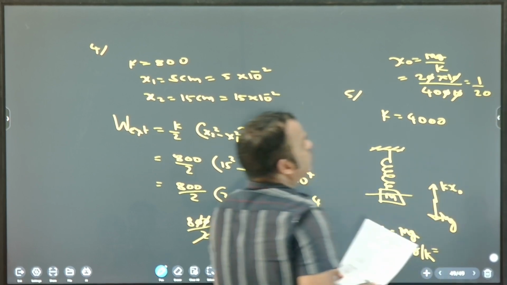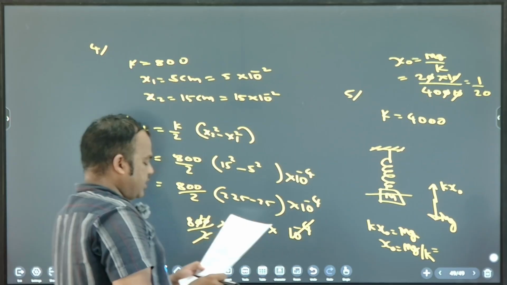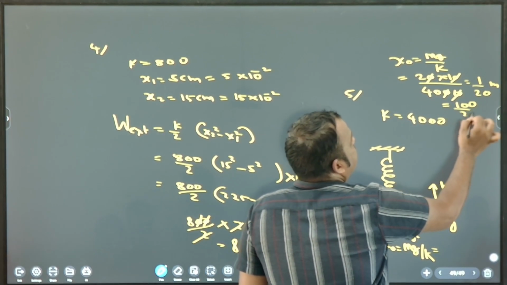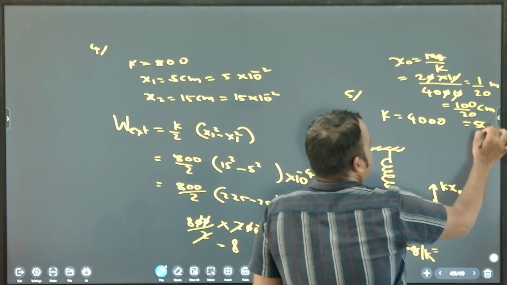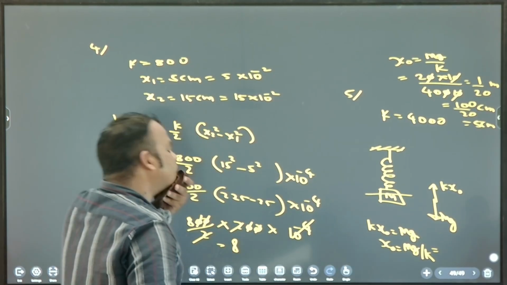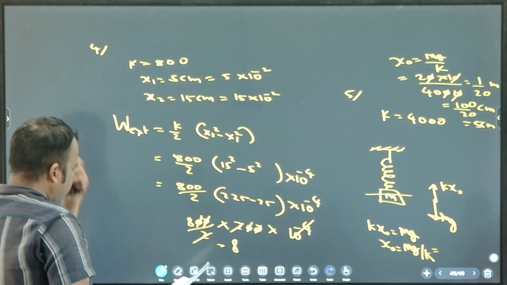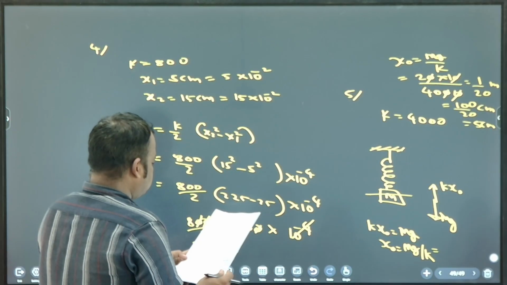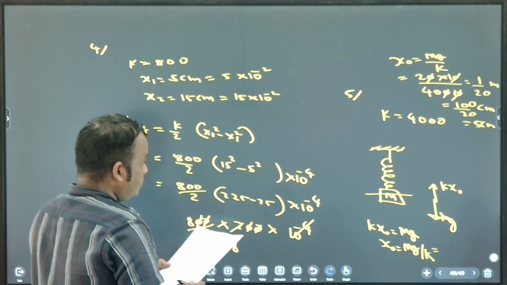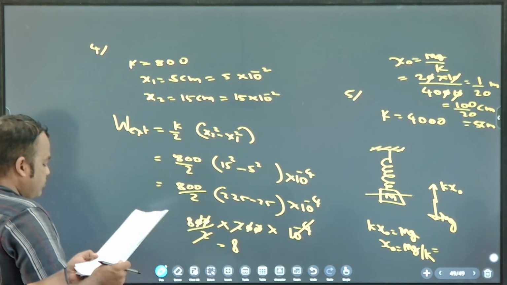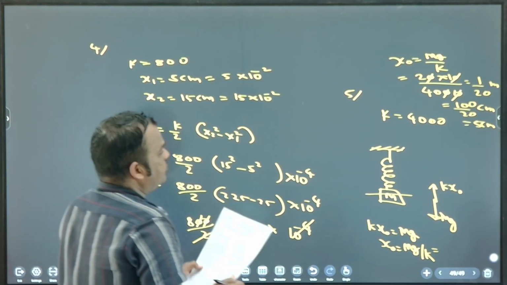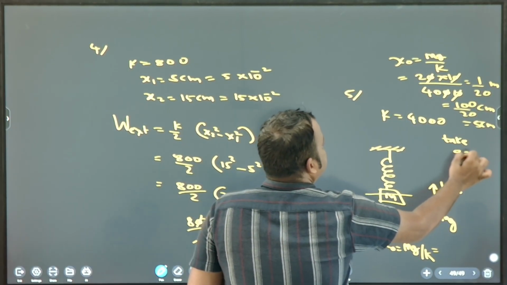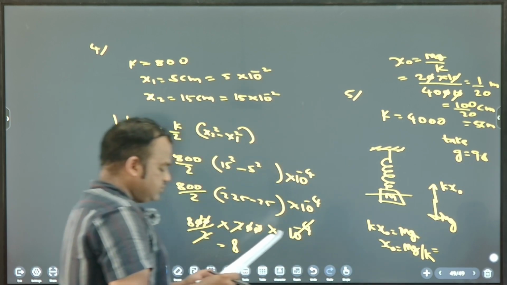So this is 1 by 20 meter. Now you have to find it in centimeter, so this is 100 by 20 centimeter, 5 centimeter. Taking g as 9.8, you will get 4.9 centimeter.